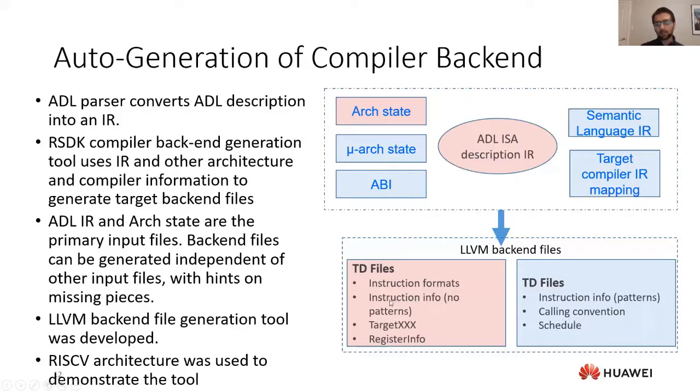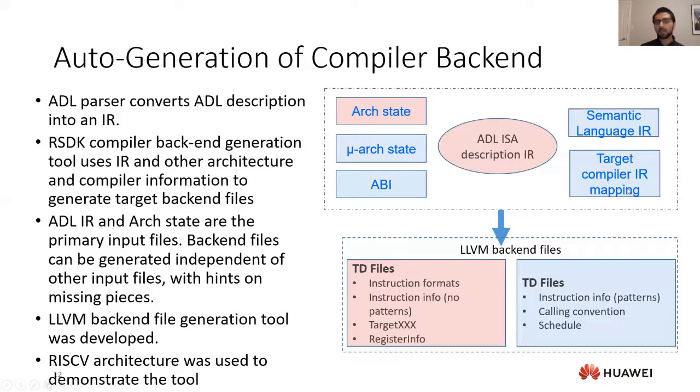What I do want to highlight is that the instruction info TD file does not contain any patterns. Then the ADL needs to be augmented with a semantic language IR, which I will get to in the next slide, and also compiler IR mapping.